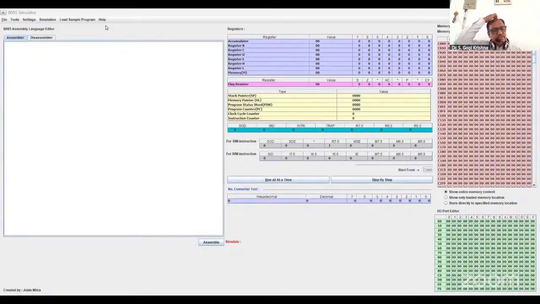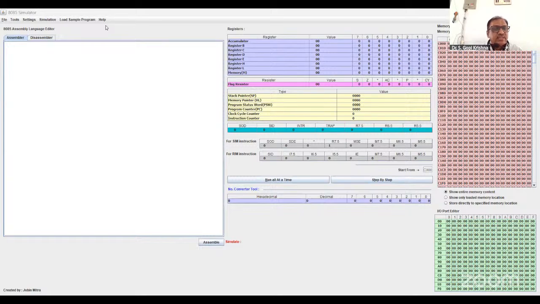Whatever is the data in the 2034 address location, that data will be transferred to the accumulator, and that completes the instruction. So moving from the specified address location to the accumulator, this type of instruction also comes under data transfer.